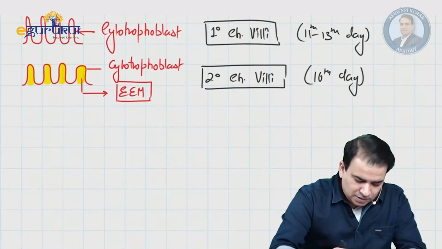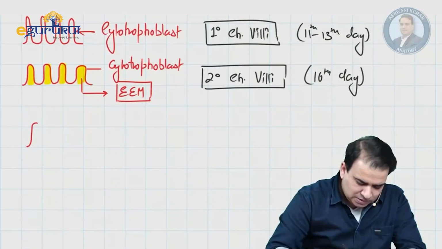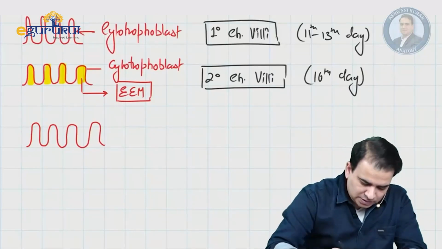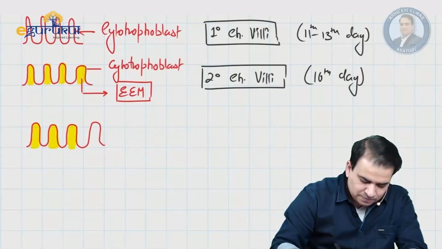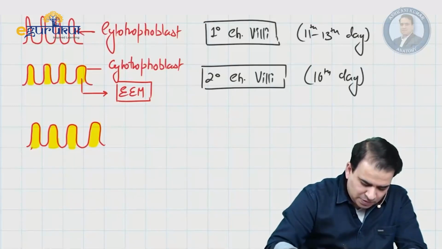And the third point, that when this extra embryonic mesoderm, there is a development of blood vessel inside it. So here is the cytotrophoblast. We got this extra embryonic mesoderm. And now what else you will see? You will see the blood vessels which are present inside.